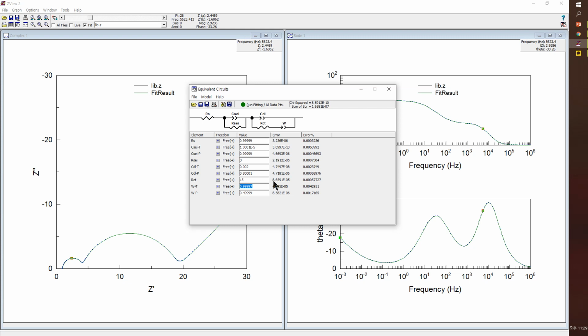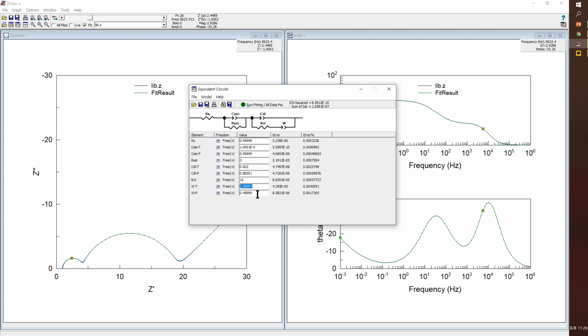Our initial guess was 1, but it is changed into 0.99997, and the exponent of the Warburg should be 0.5, but actually it is not the exact value. Right now it is 0.4999.